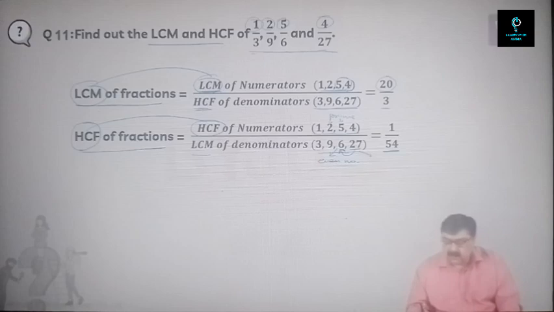So the next multiple of 27 is 54, which is divisible by 6. And as 54 is divisible by 27, it must be divisible by the factors of 27, that is 3 and 9 as well. So this is how we find out the LCM and HCF of fractions.